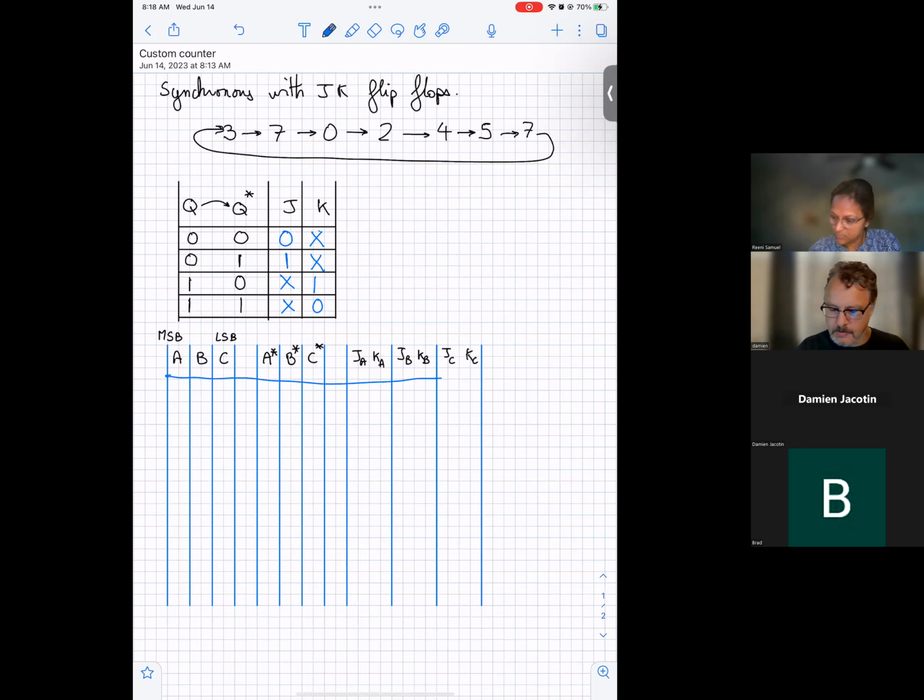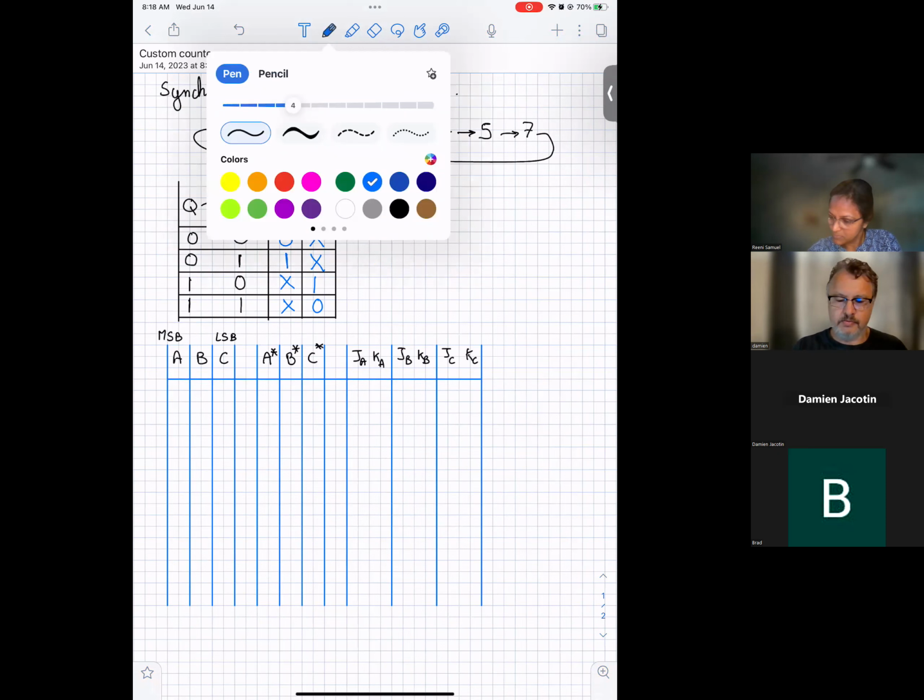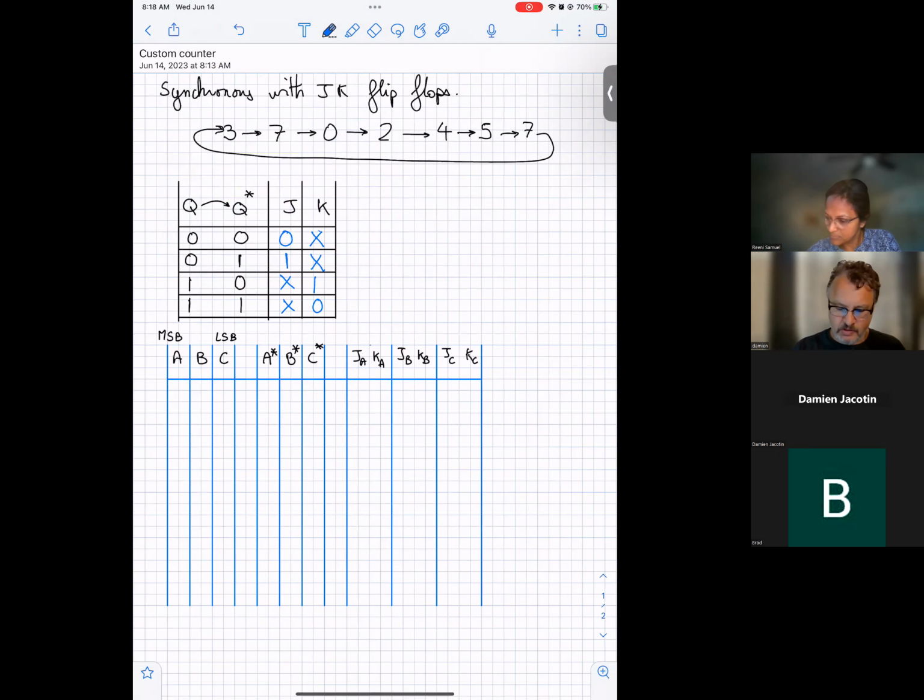And let's do this right here. It's going to be my JA and KA, my JB and KB, like this.